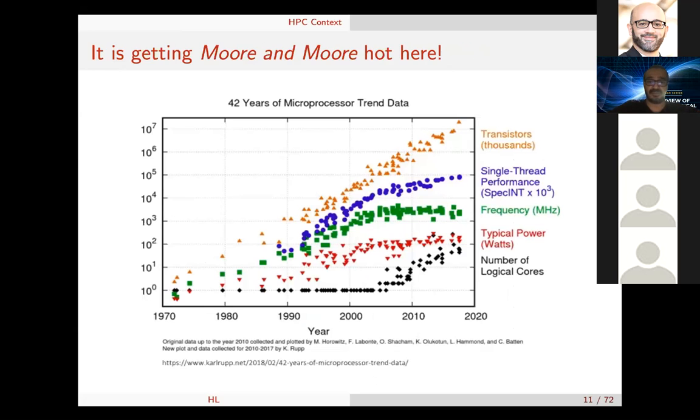microprocessor trend data, looking at how the hardware people have been working hard in doing a revolution in that field by again putting lots of cores with lots of transistors in order for application people to take advantage of that unprecedented level of parallelism.